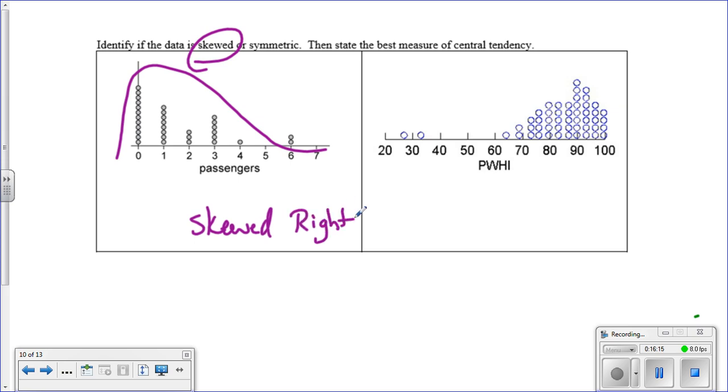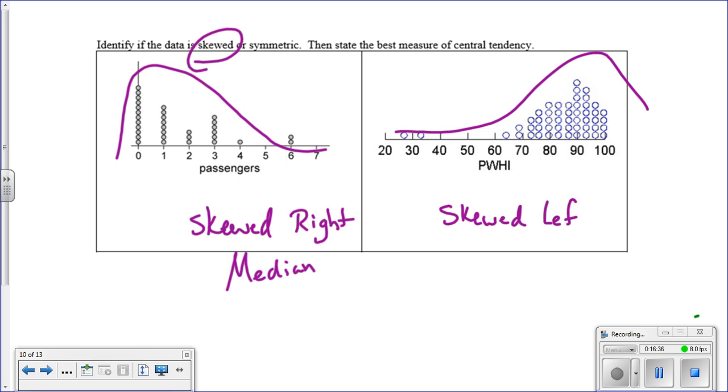So if I wanted to know what the best measure of central tendency is, these slightly more extreme values here at 6 actually pull the average higher. So you want to use the median. This data set is skewed left. So these extreme low values are actually pulling the mean down. So you don't want to use the mean, you want to use the median.